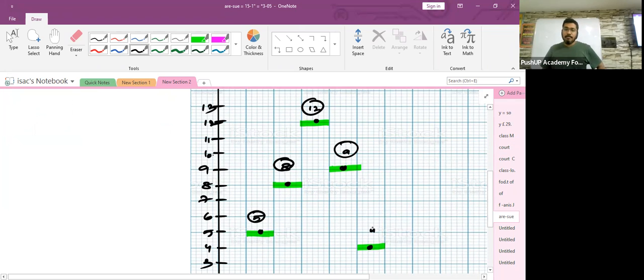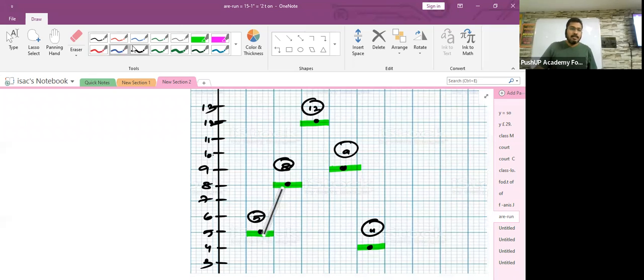Okay. Now, can you please connect all these points or all these frequencies with each other using a scale and a pencil? Like this. Okay, children, I will use free hand to connect it.